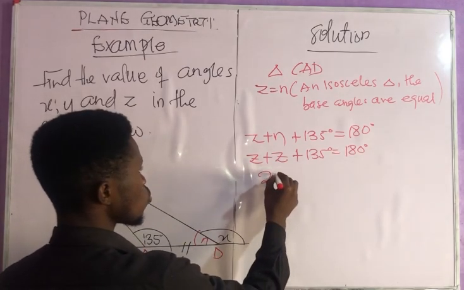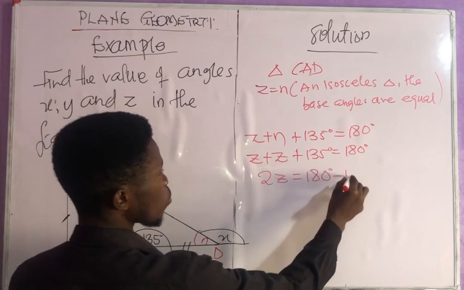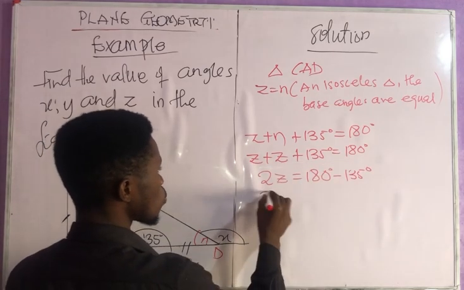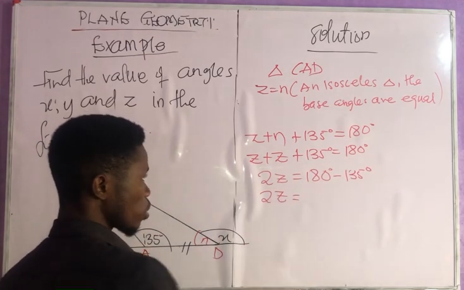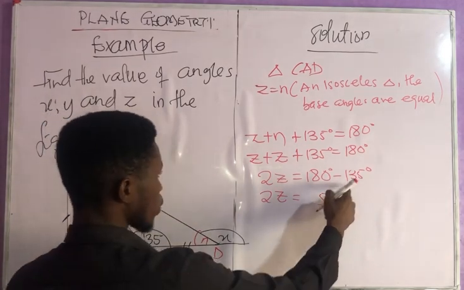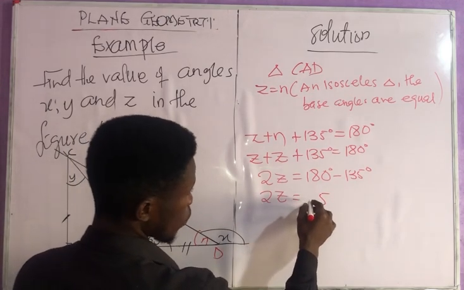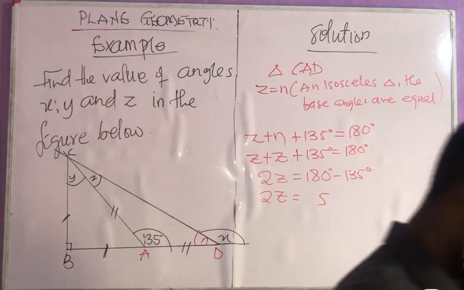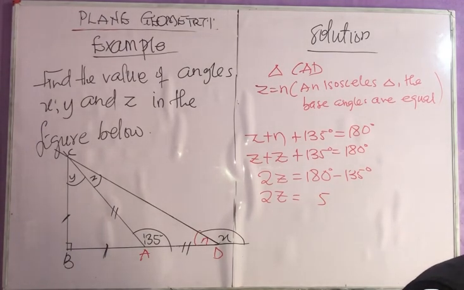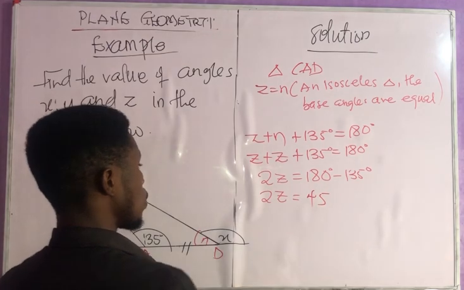So this will give us 2z equals 180 minus 135. So 2z equals, subtracting 5 from 0, we have 5, 3 from 8, we have 4, so 45.